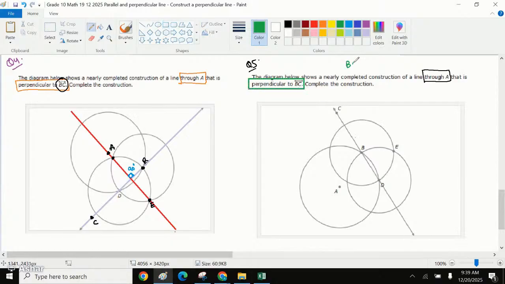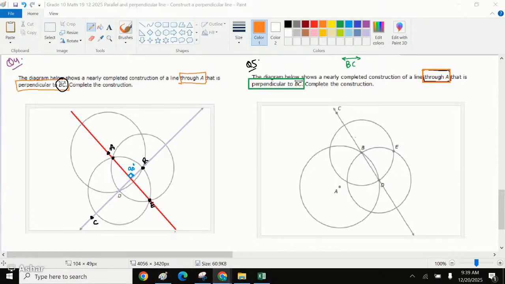Because on the top of B and C, we have an arrow, which represents a line. Arrow means it's continued on the side of B and it's continued on the side of C. That means we can extend this line as per our requirement. What we need to find is the line through the point A. That is also our requirement.